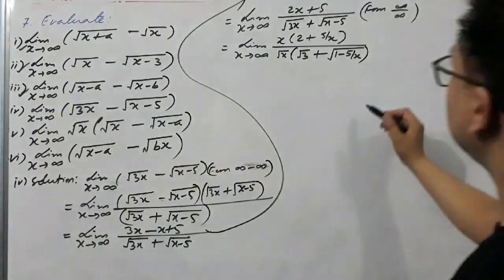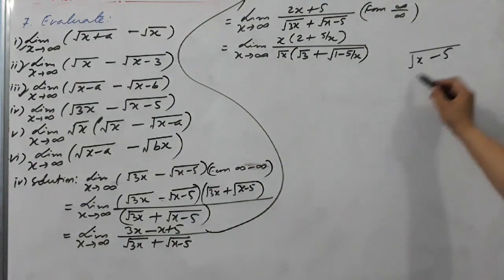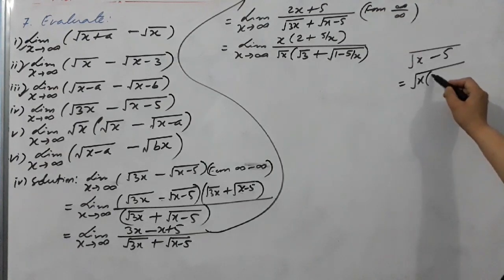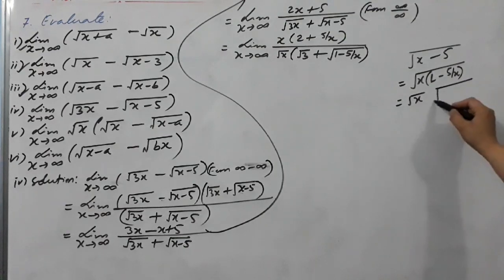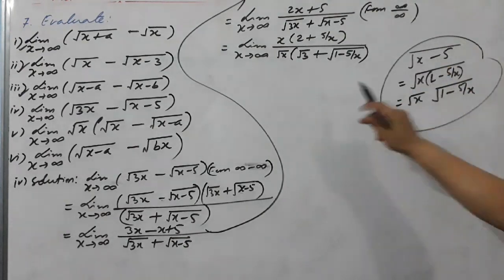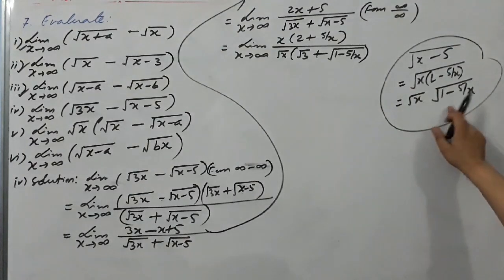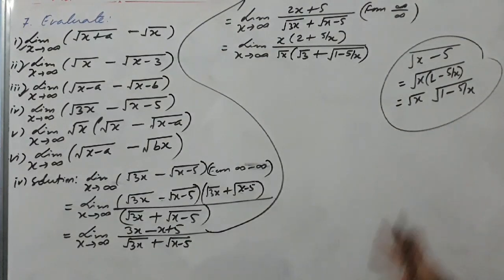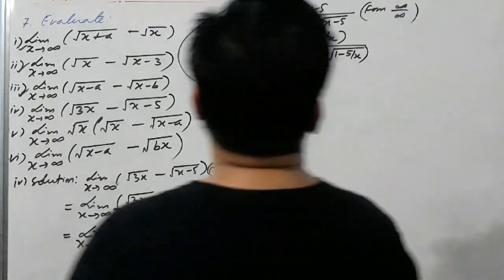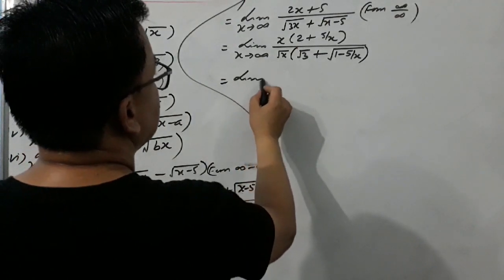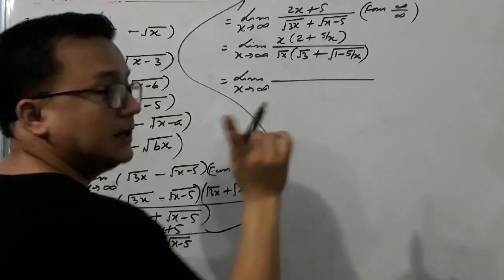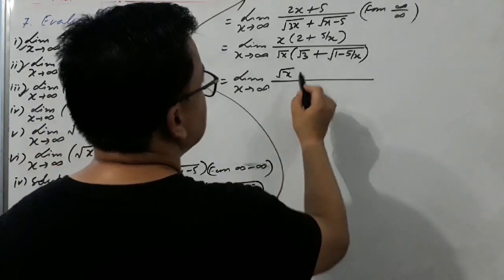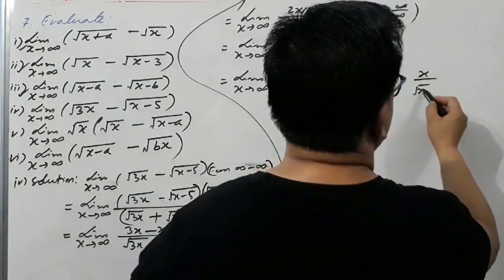Root x minus 5 means root x into root 1 minus 5 upon x. If you have a problem with how we have taken it, you can see this one, and each and every doubt will be clear. Now let's simplify: limit as x tends to infinity, you are going to get x upon root x, and x upon root x means root x, right?